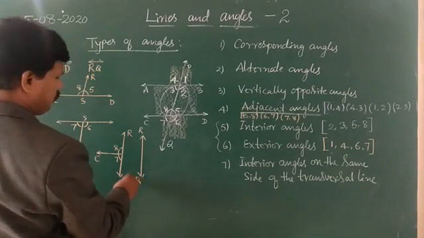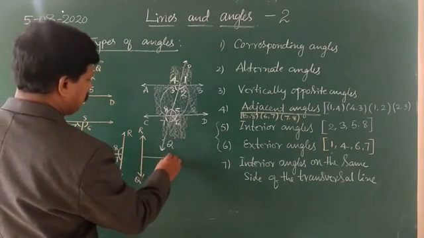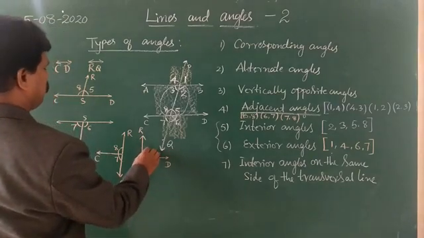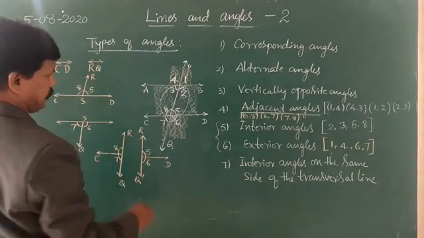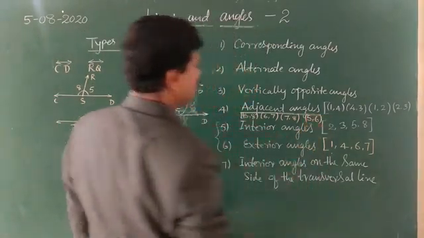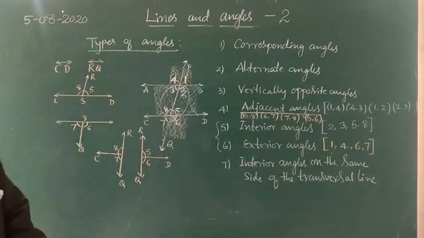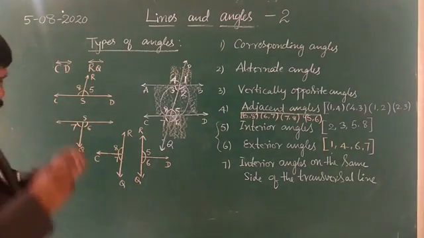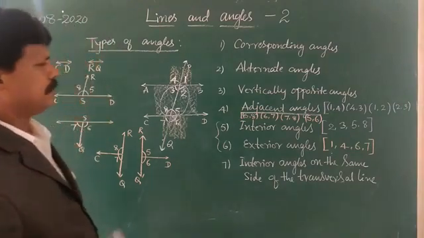RQ is a straight line, and this is D, and these two angles which are these 5 and 6. 5, 6. So these are the 8 pairs of angles. 8 pairs of angles are called what? Adjacent angles. These 8 pairs of angles are called adjacent angles.